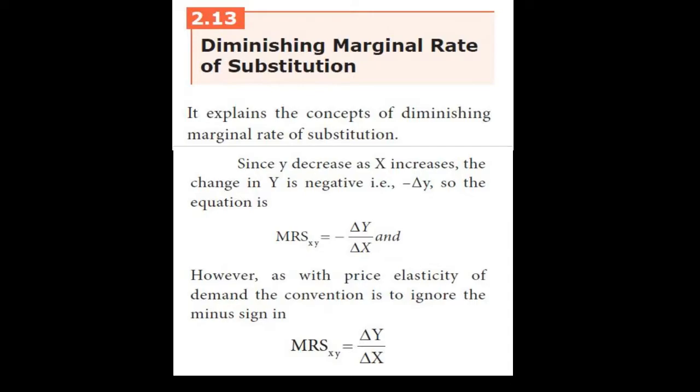The change in Y is negative, that is minus change in Y. The equation is MRS XY equals minus change Y divided by change X. The equation ignores the minus sign, so MRS XY equals change Y divided by change X. MRS represents the marginal rate of substitution.